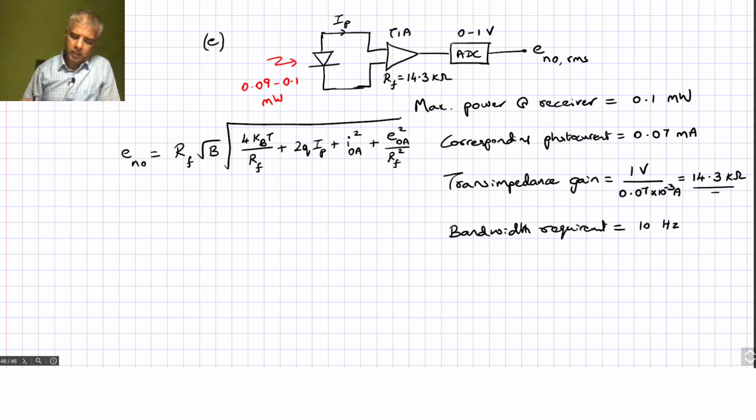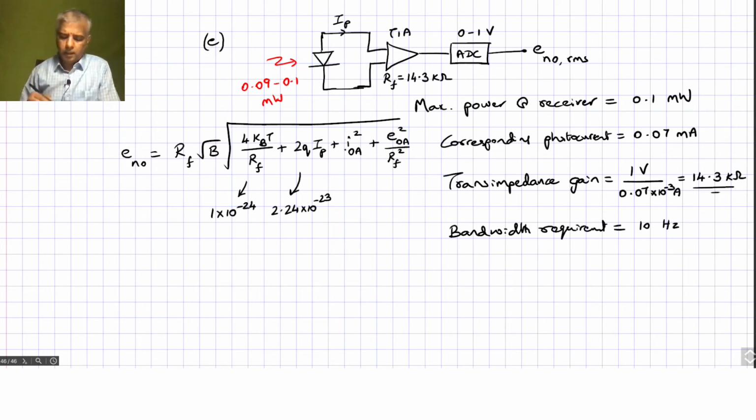So let's try to quantify all of these numbers. RF, we just figured out, is 14.3 kilo ohm. So we substitute that over here, and we will get a value of the order of 1 times 10 to the power minus 24 watts for the thermal noise component. Then for the shot noise component, if you evaluate, this will be 2.24 times 10 to the power minus 23.